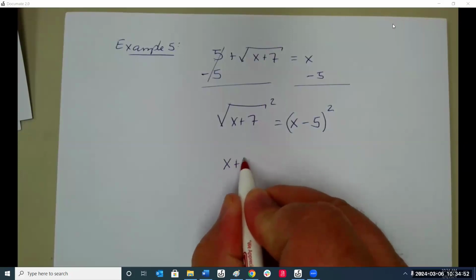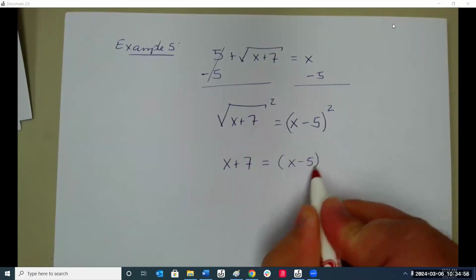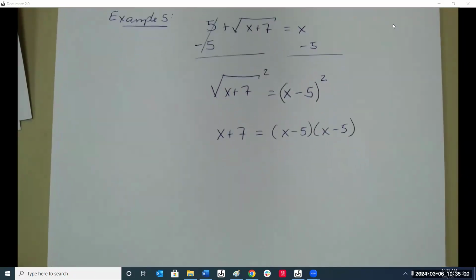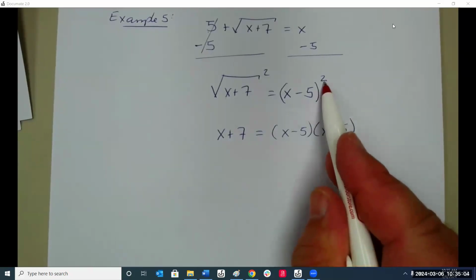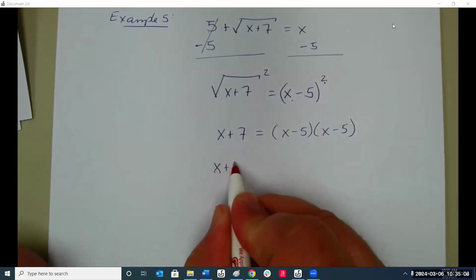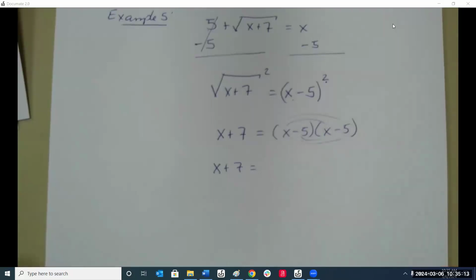So we have x plus 7 equals x minus 5 times x minus 5. That's what that square means. So in order to solve this, we've got to FOIL this.